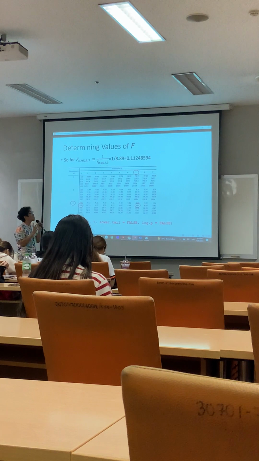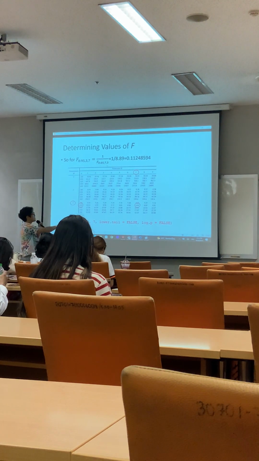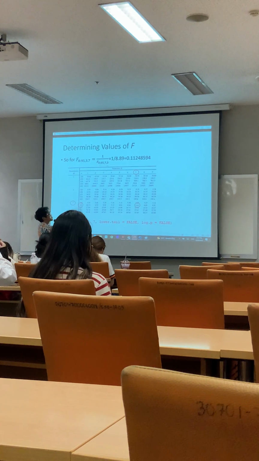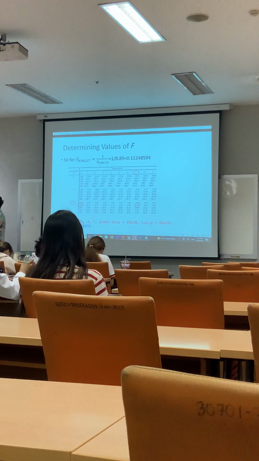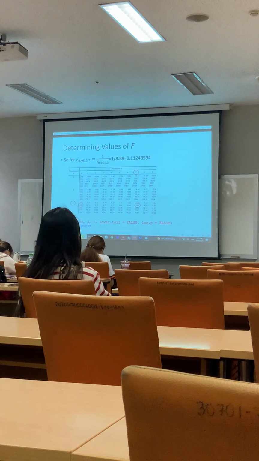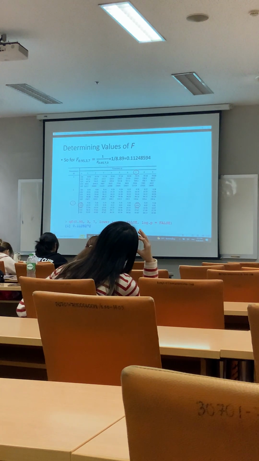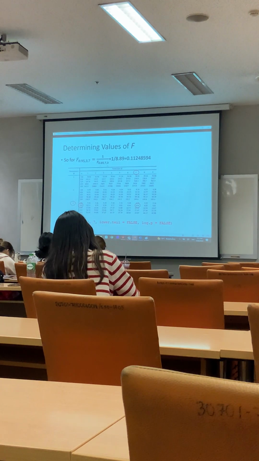It's slightly different, but if you round the above number, this is 0.1125, that is 0.11248. So when you round it up, it's about the same number. So that's it. That is how you can use the F table to calculate the F statistics.